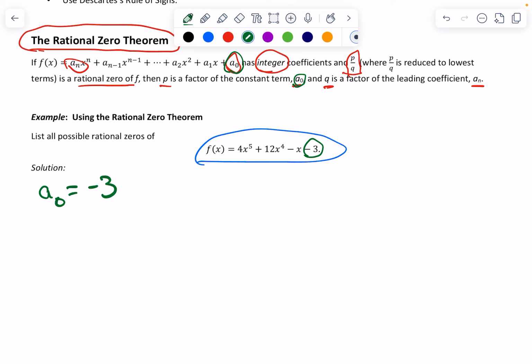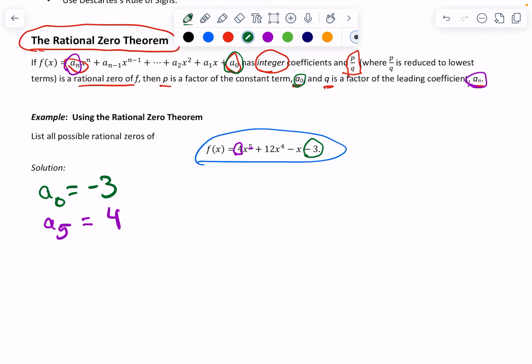And then we're going to find the leading coefficient over here, which for this one, so it's a sub 5 because it's the fifth power, is going to be 4.